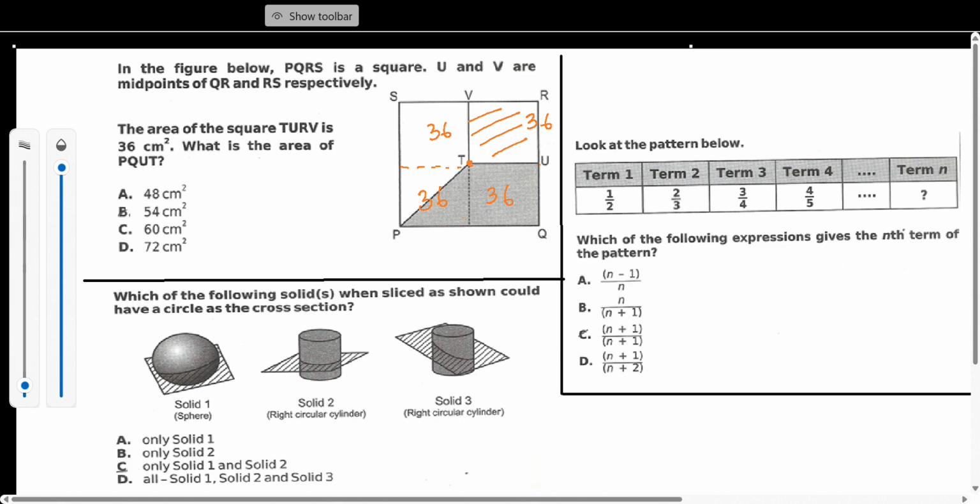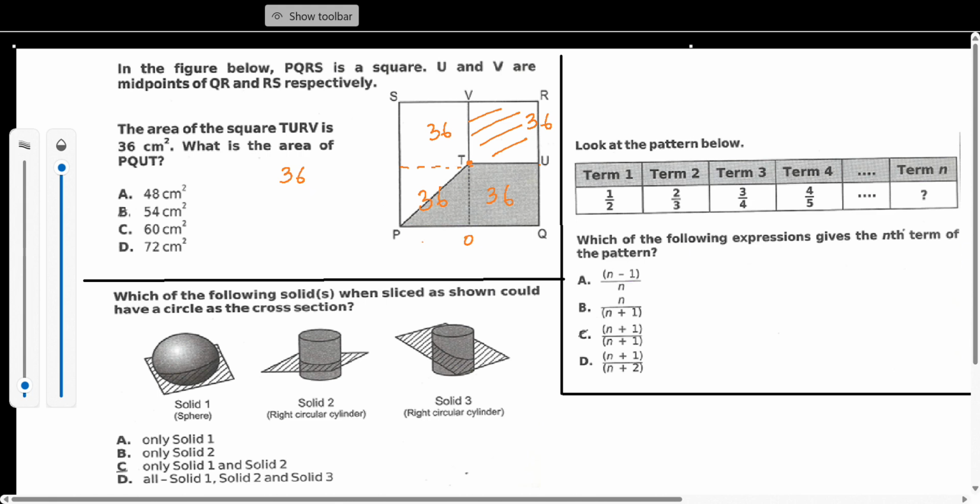Logically, if this is the midpoint and this joins this, obviously this is half, this is half, correct? So this PT is the diagonal, so obviously this triangle also will be half of this square.